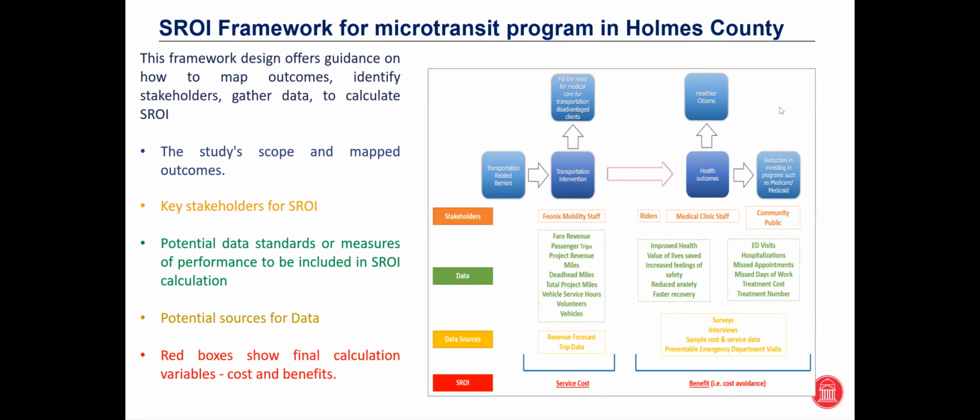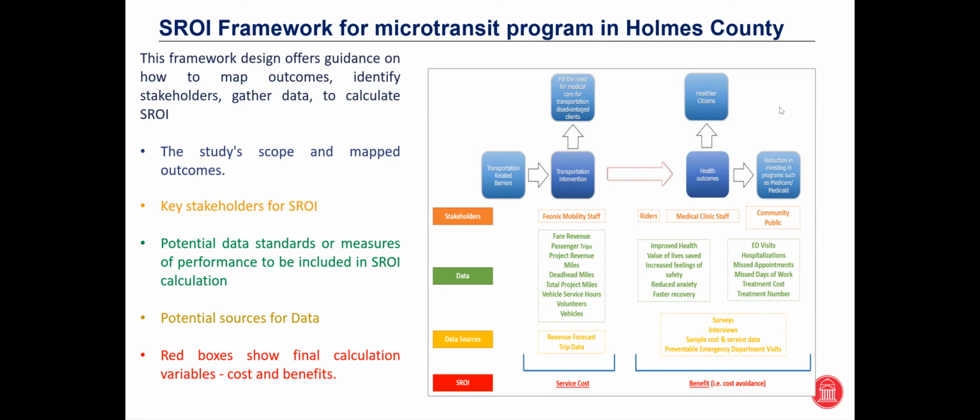In the orange boxes, you can see the stakeholders that we included in our analysis. For example, Phoenix Mobility staff or the microtransit program staff are one of the stakeholders, and riders or medical clinic staff and community public are the stakeholders that are benefiting from the program.